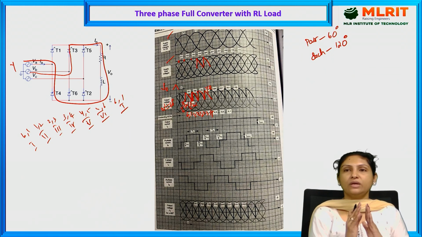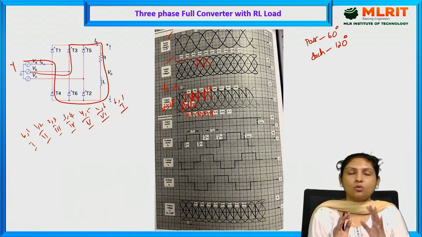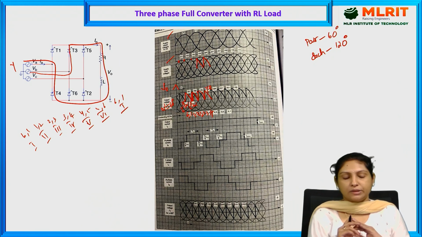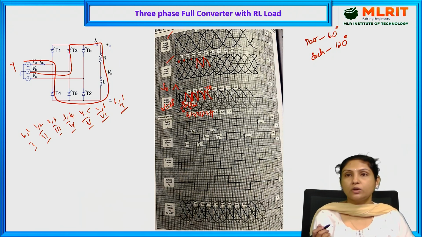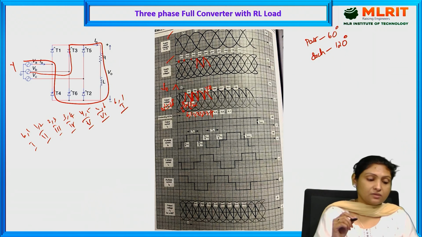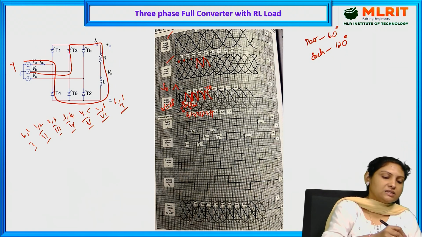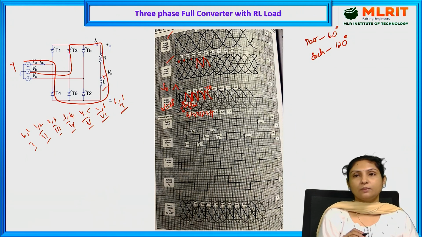If you increase the firing angle beyond 60 degrees, the output voltage may become discontinuous. Talking about the output current waveform, since we have chosen an inductor in the load, initially when the thyristor is conducting, the polarities across the inductor will be positive, negative, which means the inductor is charging.